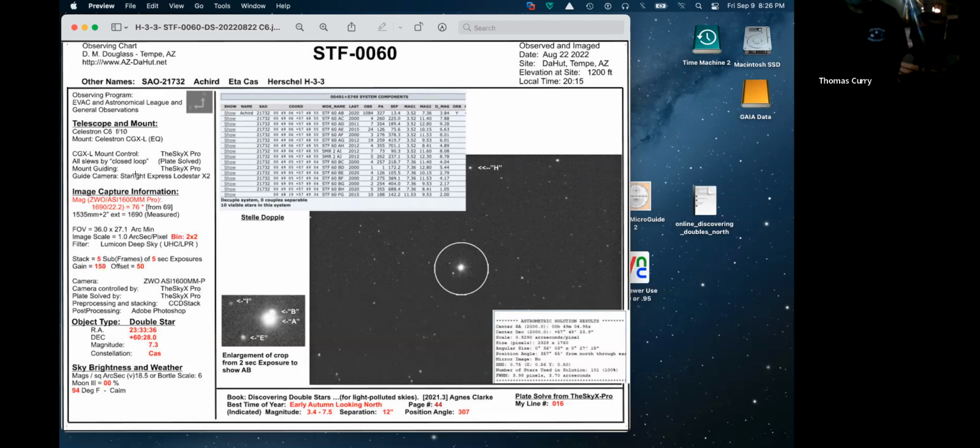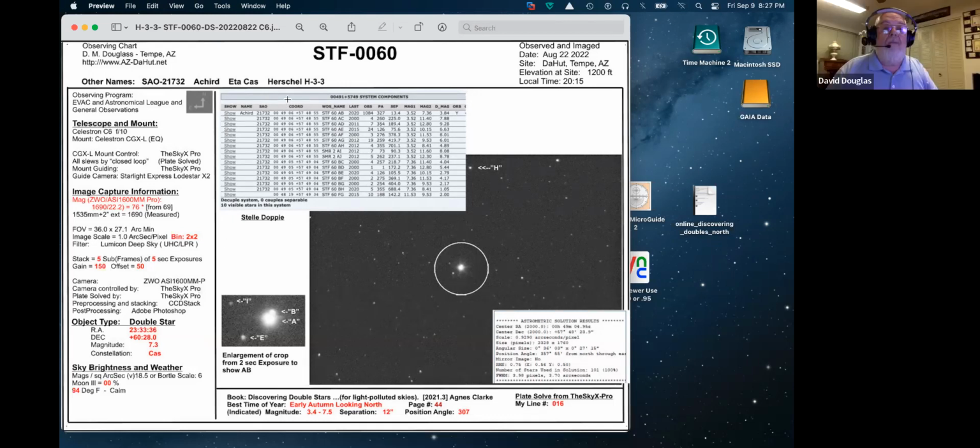A question on that: why include something so far away from your central star? What's the protocol for? Well, when I'm looking for the structure for Struve 60, this is the structure that you're seeing, and the H star was one of the stars. I'm not just looking for the things that are close in.